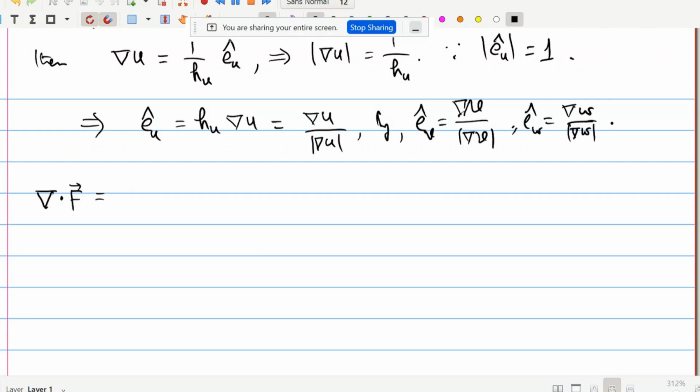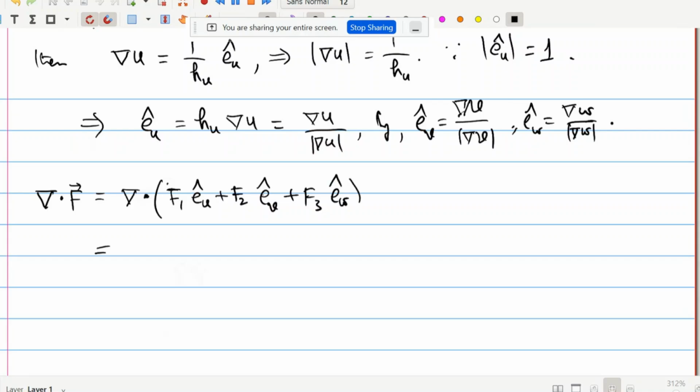Del dot F is equal to del dot of F1 eu cap plus F2 ev cap plus F3 ew cap.